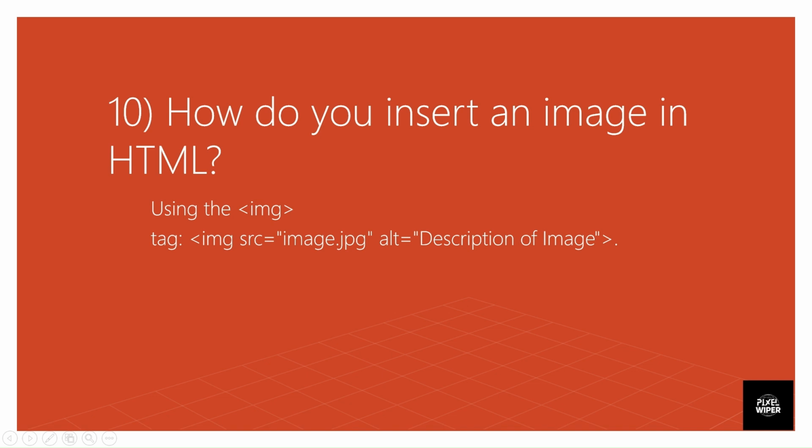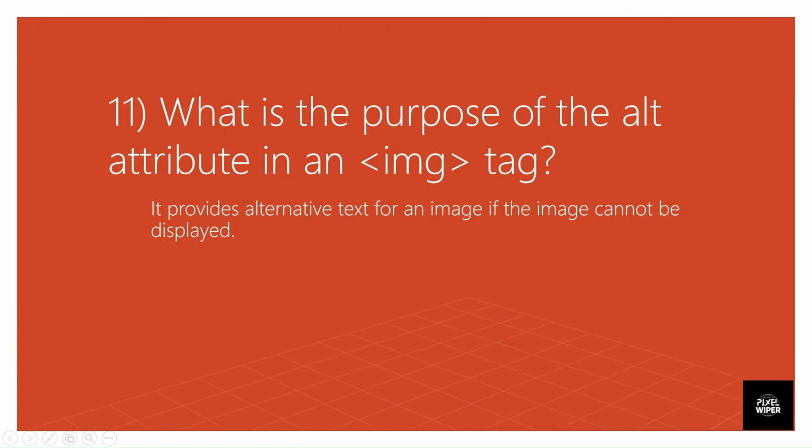Using the img tag. See the example below. What is the purpose of the alt attribute in an img tag? It provides alternative text for an image if the image cannot be displayed.